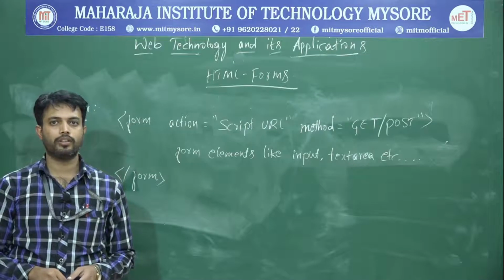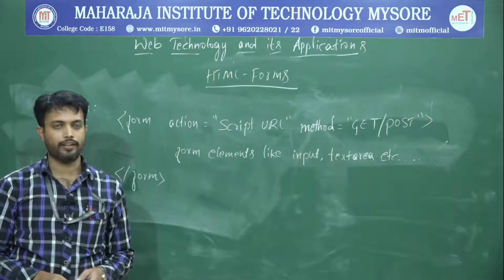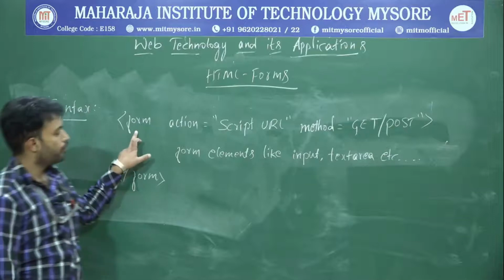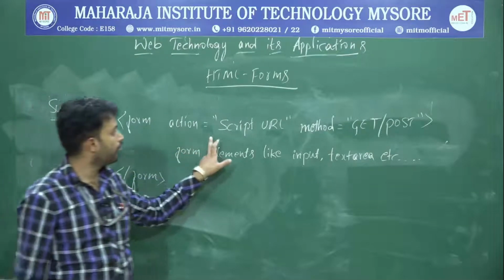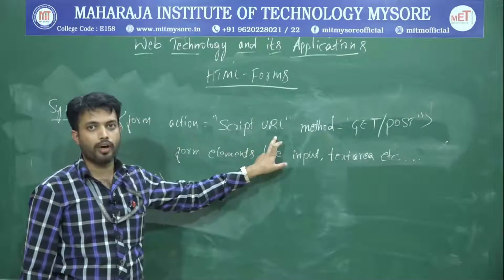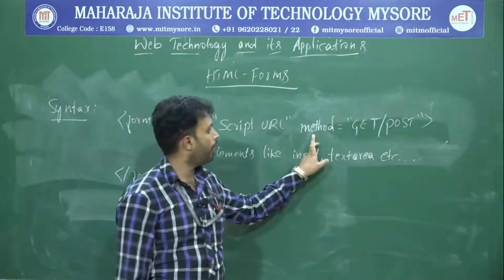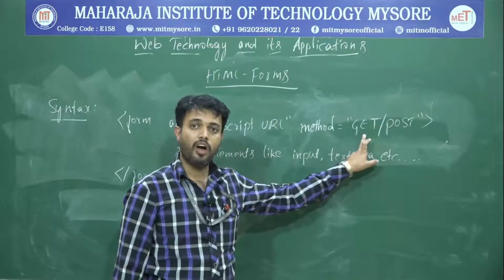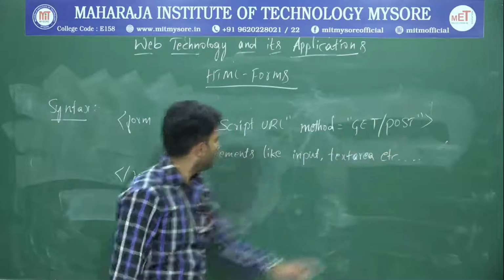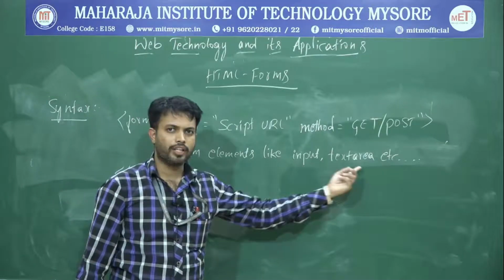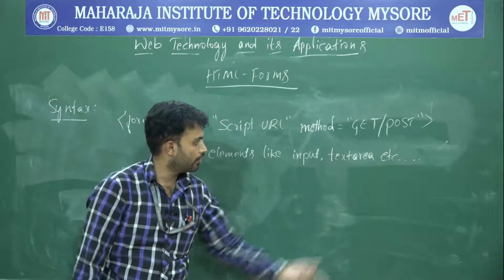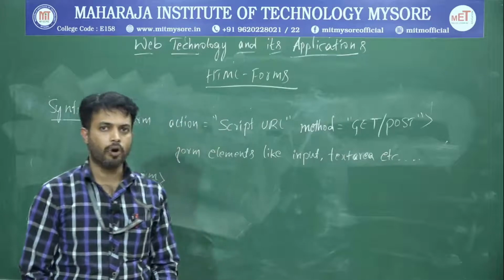Now look into the syntax of the form tag. So form, within that action equals, within double quotes, script URL, and again followed by method equals get or post. Then followed by form elements like input, text area, and then radio buttons, checkbox and all.